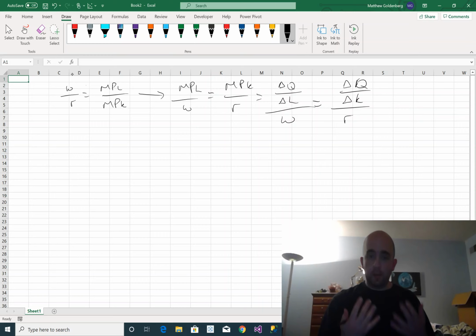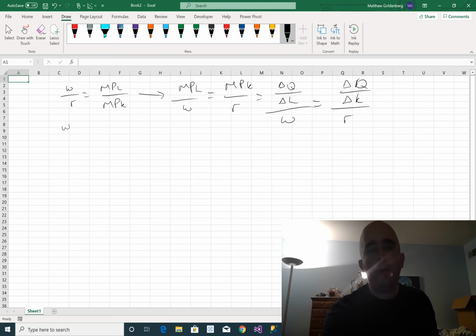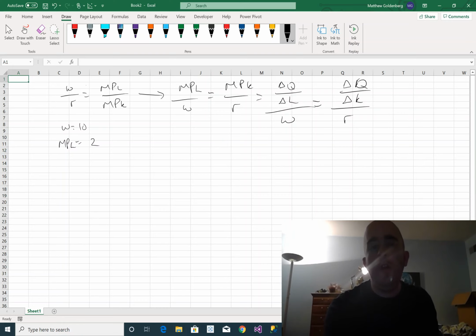Now we can ask a question: we're paying workers $10 an hour, our wage is 10, but they're only producing 2 hamburgers per hour.